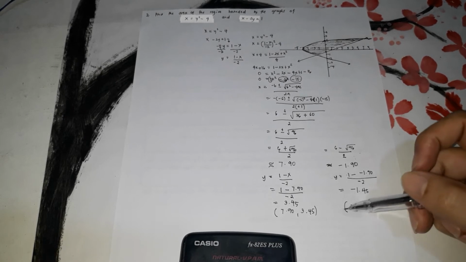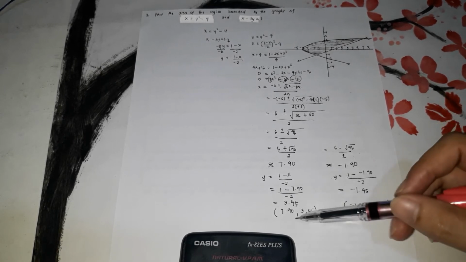So after this we're going to graph. So plot muna natin 7.90, 3.45. So dito pala siya dapat sa 0.45, sa taas na dapat pala. So let's have 1, 2, 3, 4, 5.